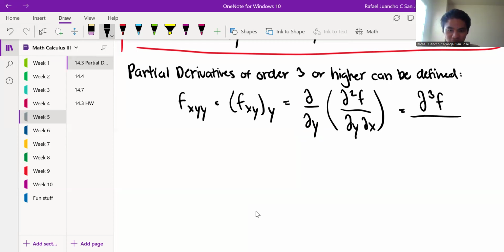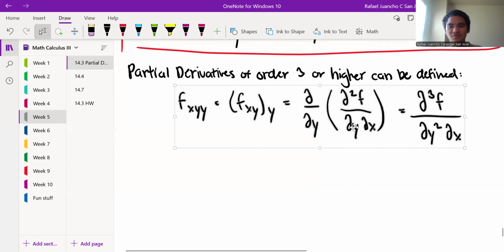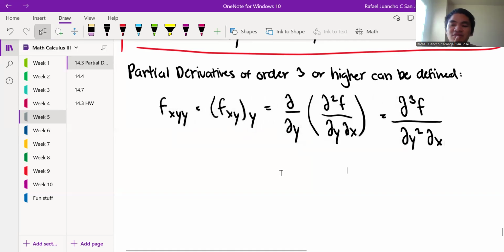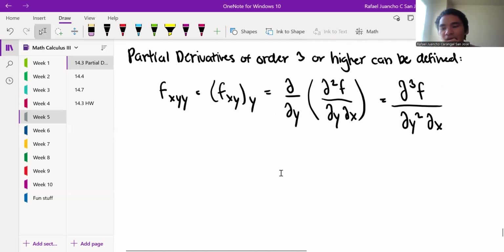Now we make it 3, and then we do y squared x, or with respect to x. There we go. And so that's the notation for partial derivatives. Can I make it general? I guess I can, but then I have to know what these numbers are. Never mind, I'm not going to make it general.